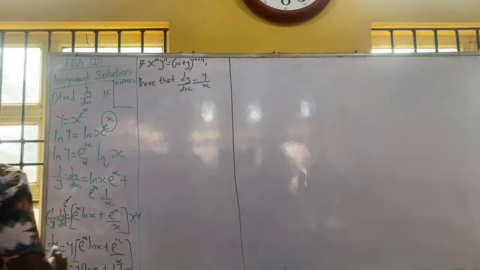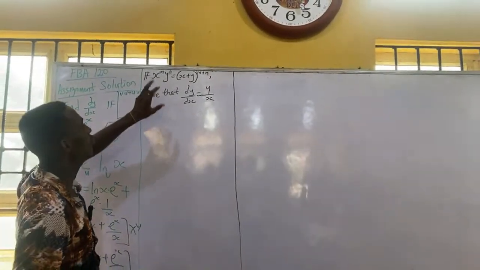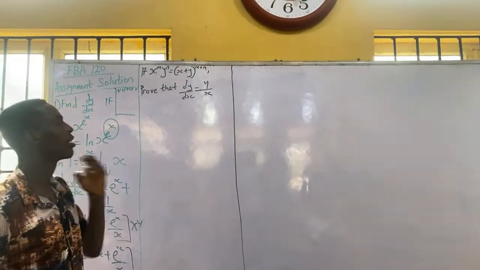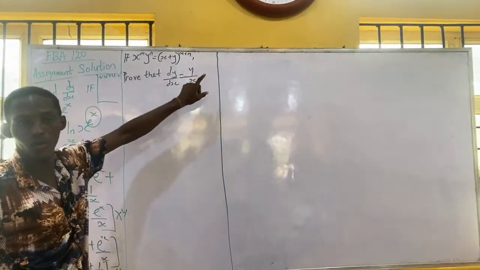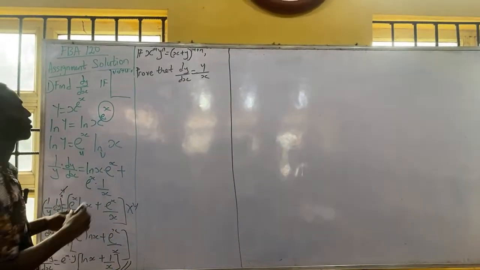So this is what they are asking us to do. By the time we find the derivative of both sides, our answer must give us y over x. So this is how we solve a question like this.